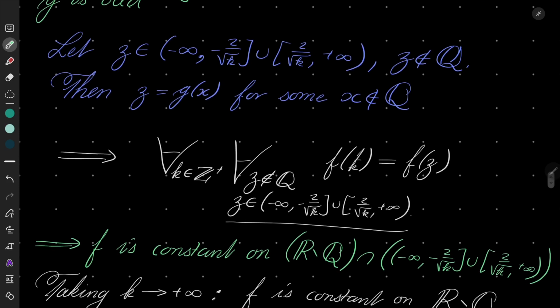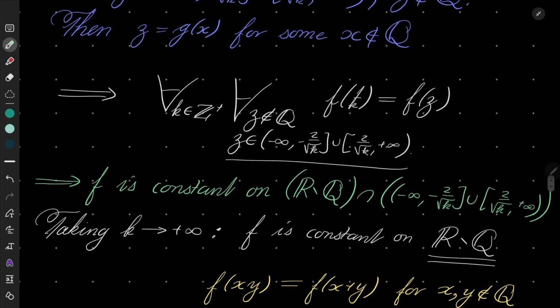And since k was chosen as any positive integer, I took k to infinity, the limiting case, and I have noticed that my function is constant on the whole set of irrational numbers, because these boundaries are getting closer and closer to zero.